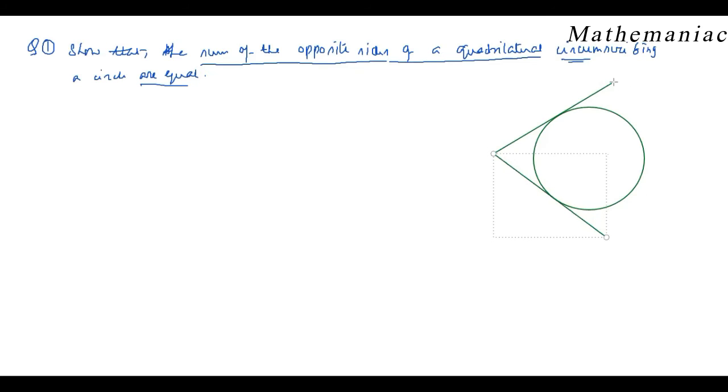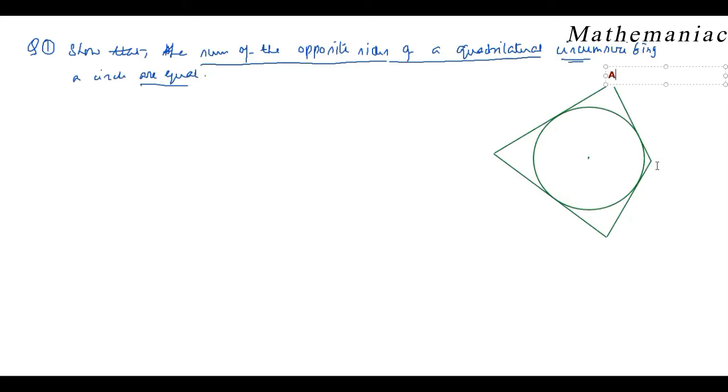This is 1. So this is the figure we have drawn. And now here, this is the center of the inscribed circle. The circle is said to be inscribed and the quadrilateral is said to be circumscribing the circle. So here, let me give the names.